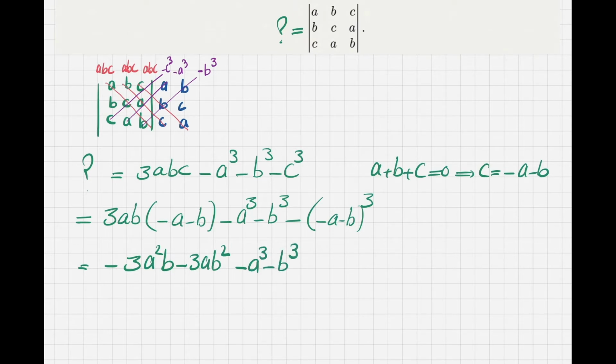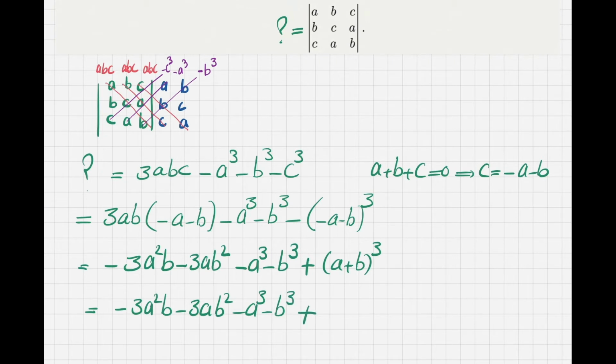And then I have minus a to the 3 minus b to the 3. Because this power is odd, I can factor a minus sign out. This minus sign will actually turn this one to a positive sign. So it becomes positive a plus b to the 3. And that's also a famous identity. It's minus 3a squared b minus 3ab squared minus a to the 3 minus b to the 3. Then I will expand this expression using Newton's binomial theorem or the very famous simple formula.